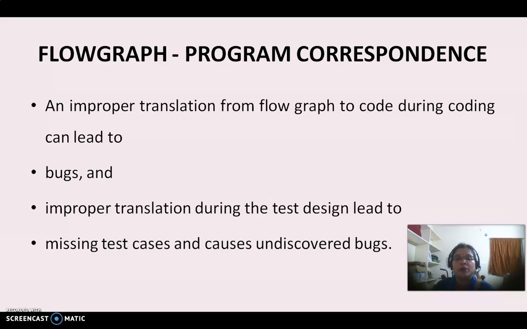So whatever flow graph you are writing must clearly represent each and every statement in the program when it is converted into a program. The proper translation must be there from flowchart to program and program to flowchart. It should not be improper, because that leads to hazardous situations like bugs and bad test case designs. So proper design is required.